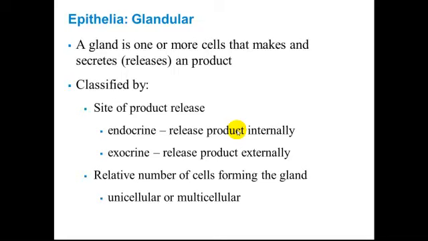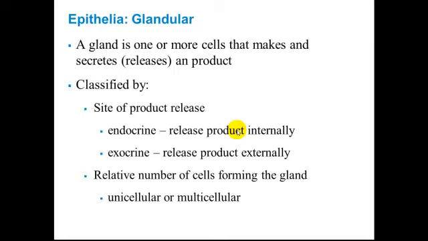The endocrine glands, which we will study later in Anatomy and Physiology 2 in the endocrine system, would be things like your thyroid gland, your adrenal gland, the testes and the ovaries. And here the product, usually a hormone, is being released internally. And by internally we mean into the bloodstream.